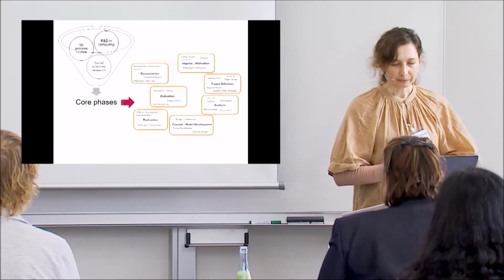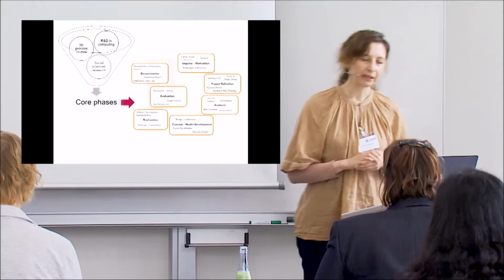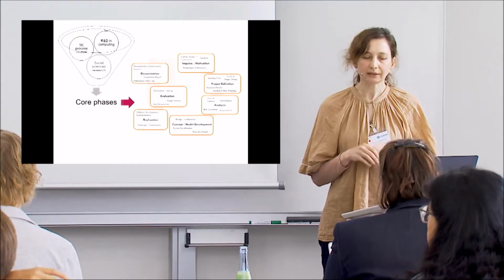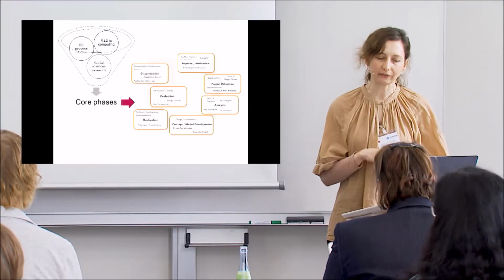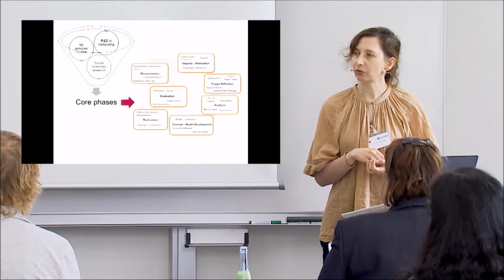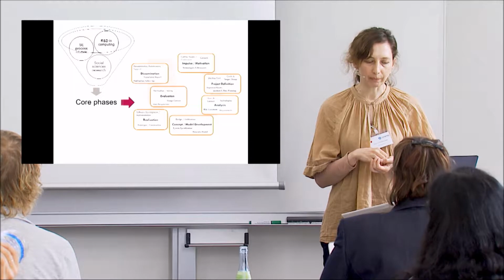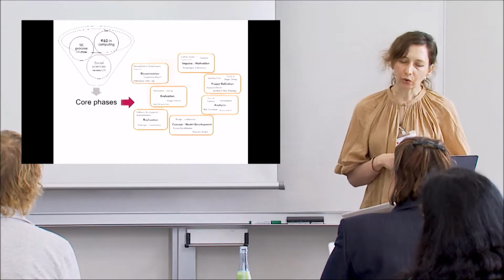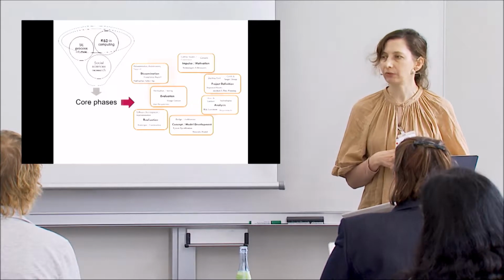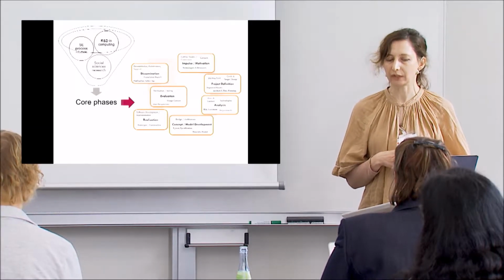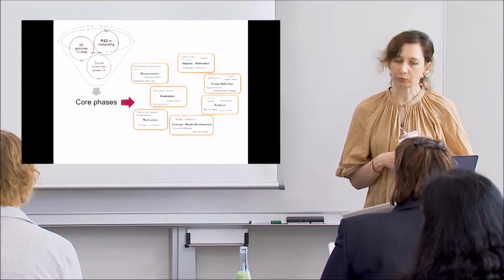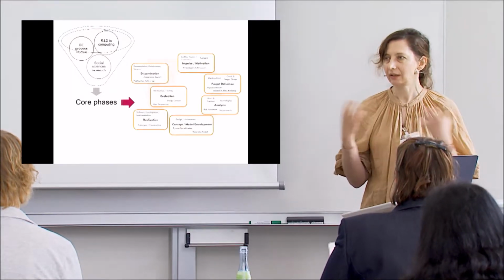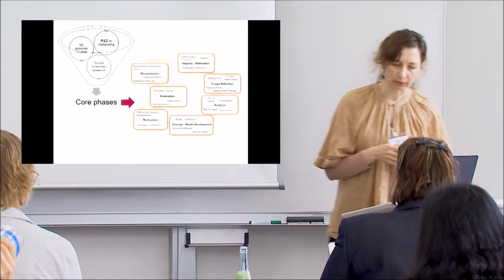So what we did. In the beginning of the GERD model, we built a cycle of core phases relevant for computing, research, and development. We identified those core phases through reviewing existing approaches in computing, and we started with software engineering process models, because that's what people in software engineering work with.